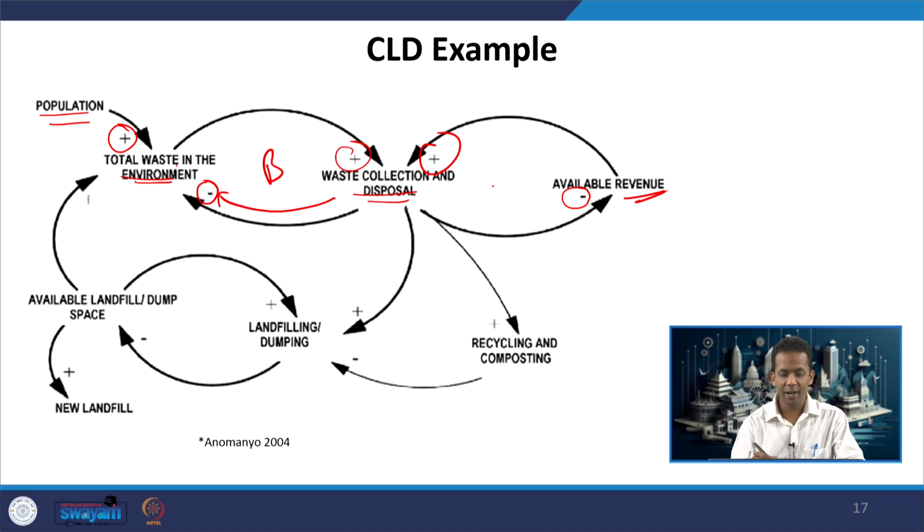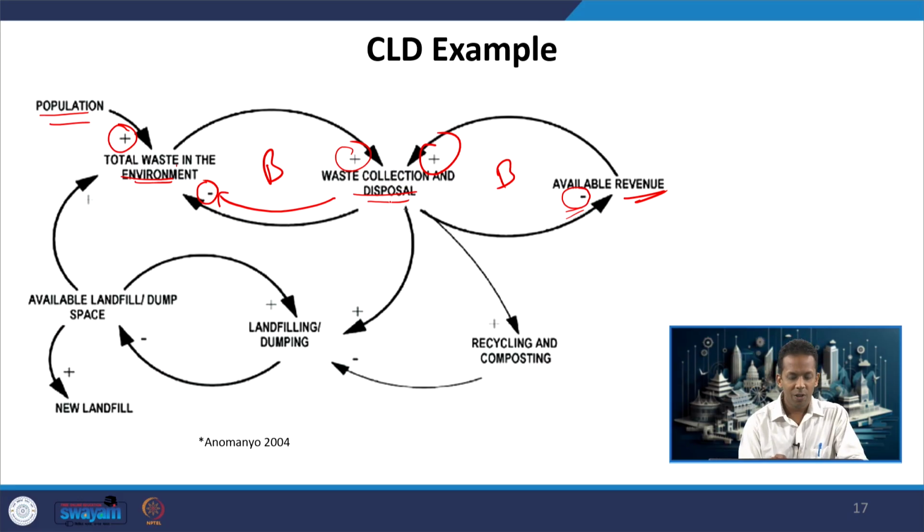Again, this is a kind of balancing loop, understood. When we have more revenue, we can do more collection and disposal, but the moment we collect and start disposing waste, it will be at the cost of revenue. So, this activity will reduce the revenue.